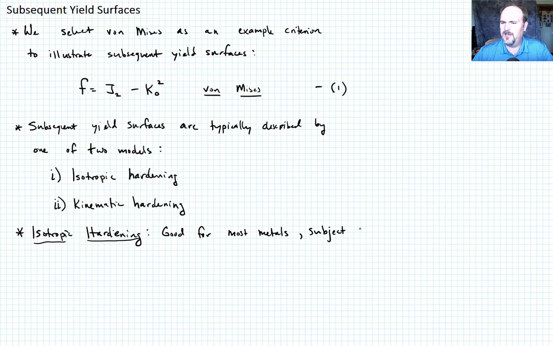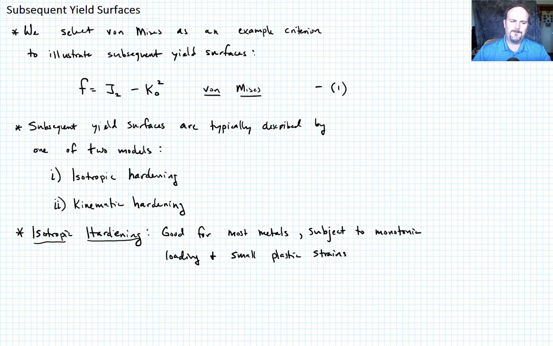That's not cyclic, right? And small plastic strains. Oftentimes this is just a good choice because it's easy to understand, easy to explain. So what are the assumptions that go into isotropic hardening? Assumptions.